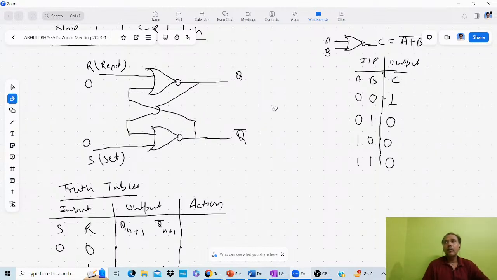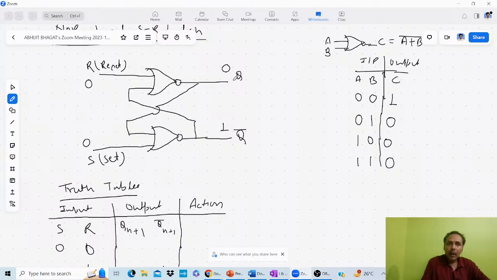Now suppose when the input is 0, 0, in that case, previously the Q is, maybe you can assume anything, either 0 or 1. So suppose previously the Q is 0 before applying the 0, 0. So if Q is 0, your Q bar will be 1.